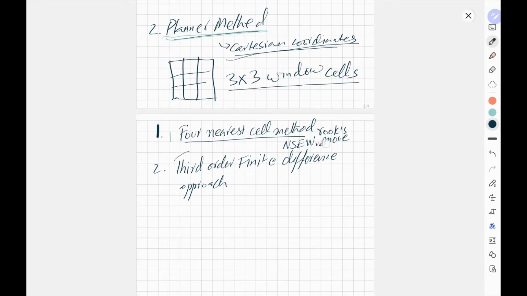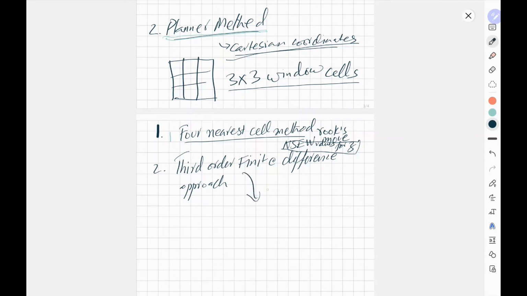NSEW values for Z. In this, what we do is compute the north, south, east, west values of the z. It is also known as Rook's move, the 4 nearest cell method, and the simple approximation method.